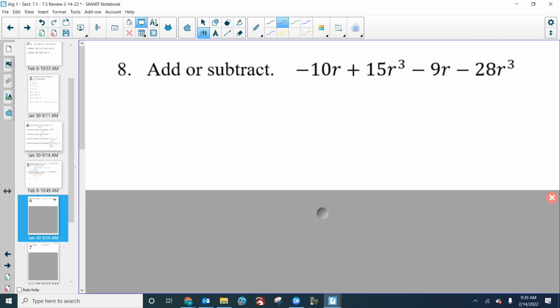All right, go ahead and add or subtract. And what do you think you should do with your answer? Right, in standard form. So I would actually work on these from greatest exponent down to the least. That way, as I simplify them, they're placed into standard form.